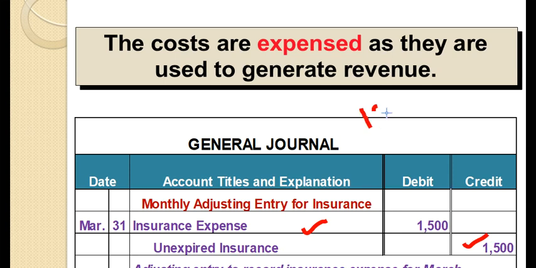We simply take the 18,000 and divide it by 12, for the whole year's 12 months, and we get 1,500 for each month. It is one way you perform the adjusting entry. That is the converting asset to expense. Okay class, now we can move on to the next transaction.